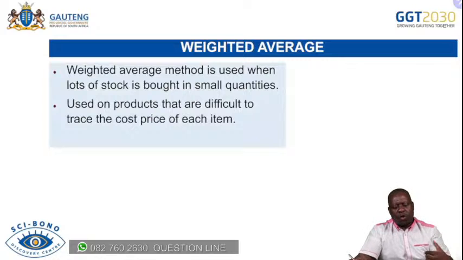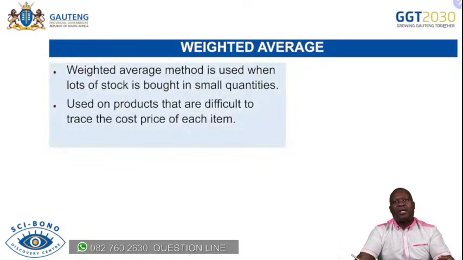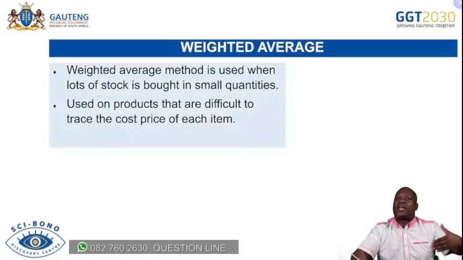It is used on products where it is difficult to trace the cost price of each item. Think of a garage where they are selling fuel. Today, there was a change in fuel prices. The fuel that is coming in is priced differently from the fuel that was brought in last week.